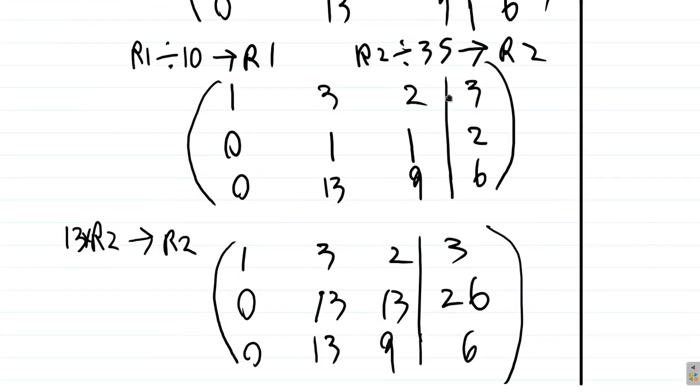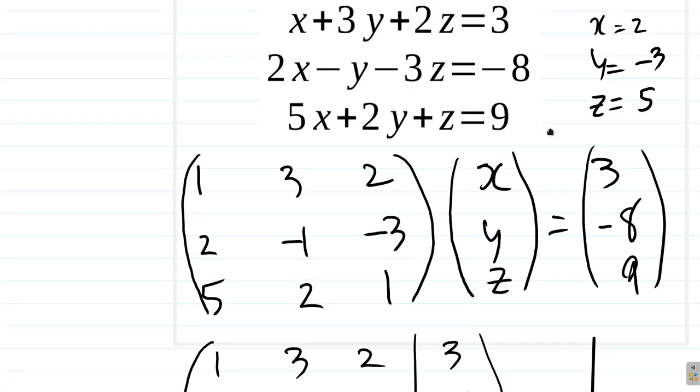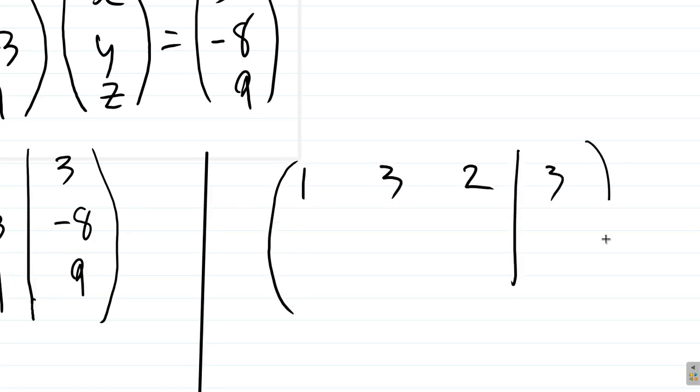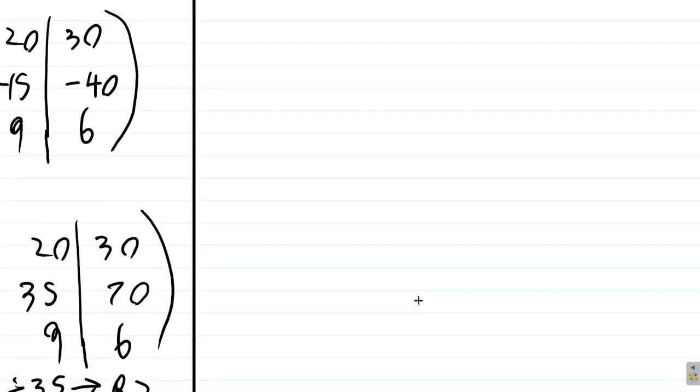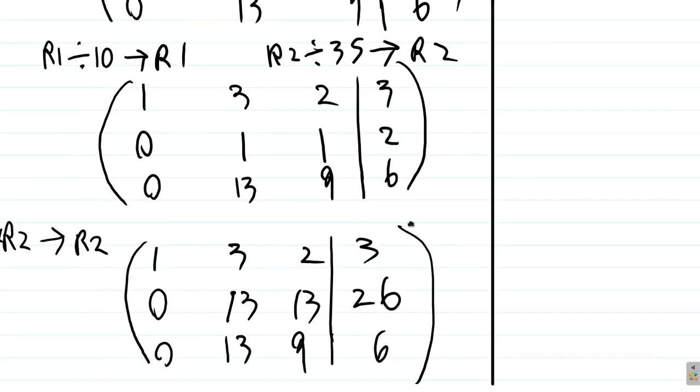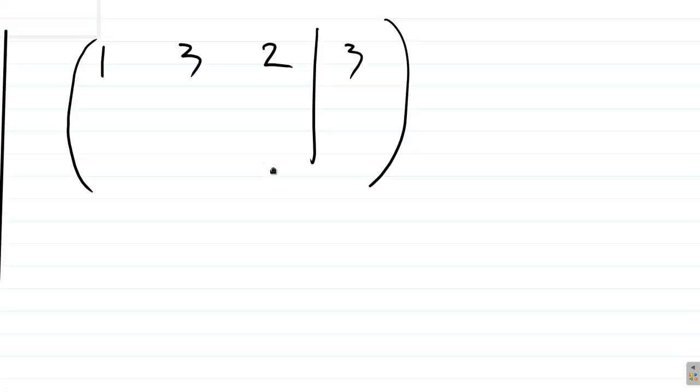So what do we have here now? It is the matrix 1, 3, 2, 3. What else happened here? 0, 13, 13, 26.